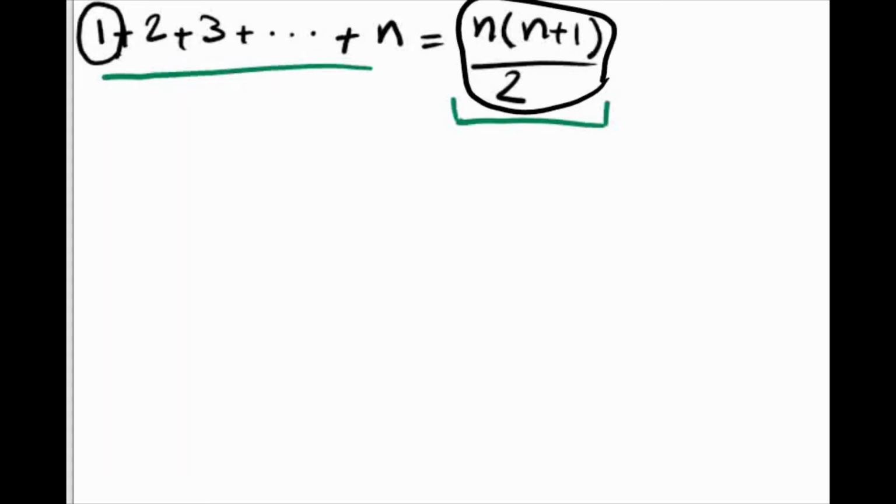For the basis step, we have to plug 1 into this formula and make sure the other side of the equation is 1 as well. So 1 is equal to, our n is going to be 1 because we only have 1, and the other n is going to be 1 as well, so 1 times 1 plus 1, divided by 2.